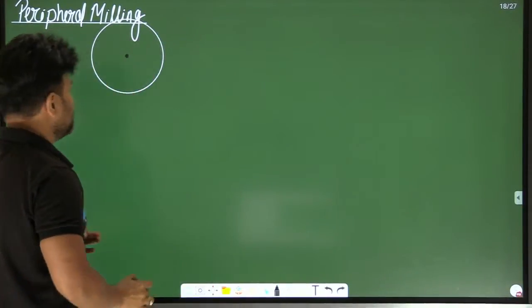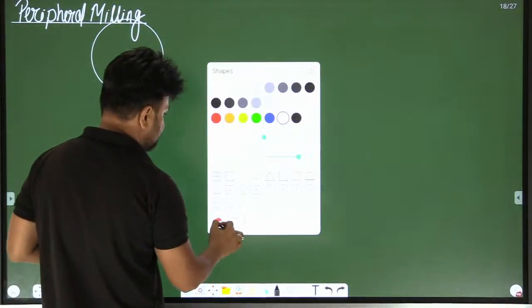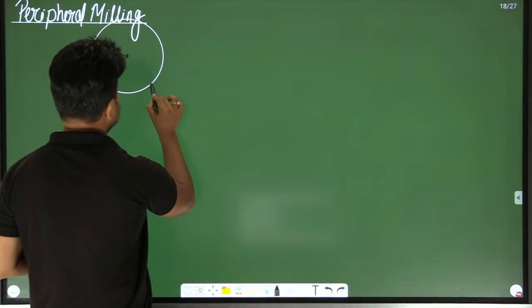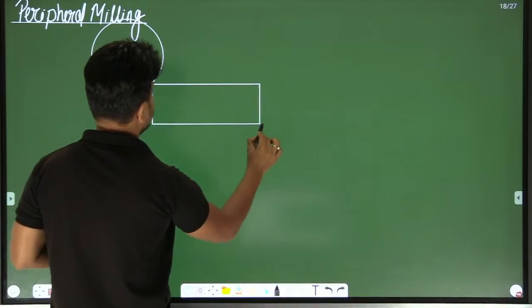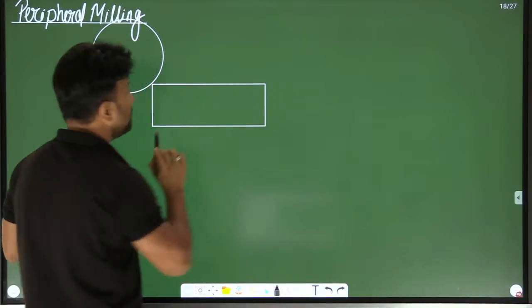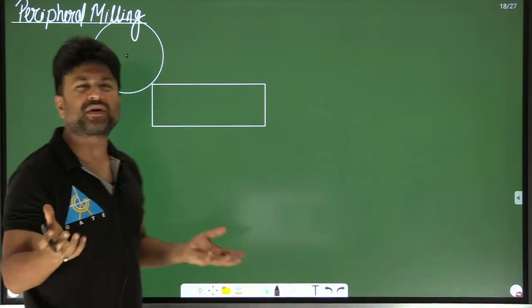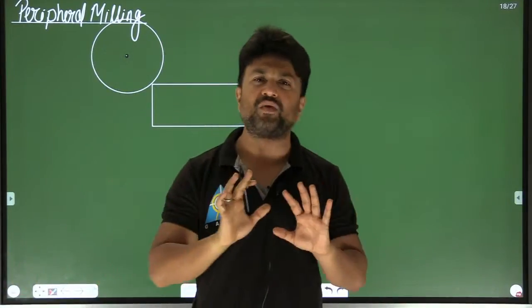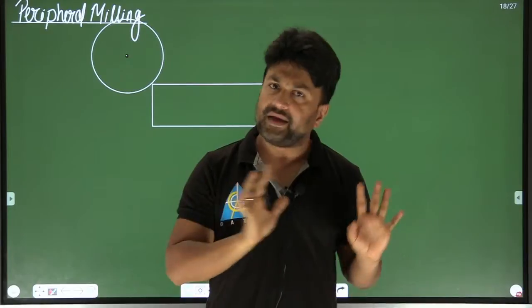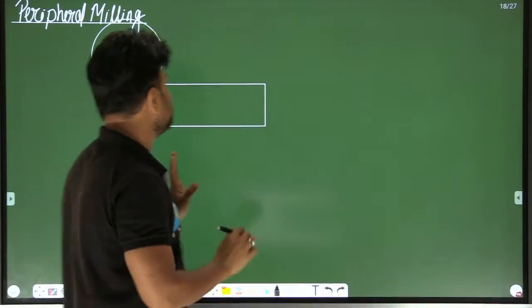Now there is a workpiece in contact, which is going to be milled. Whether I am talking about conventional or down milling doesn't matter here, because we are calculating the machining time.